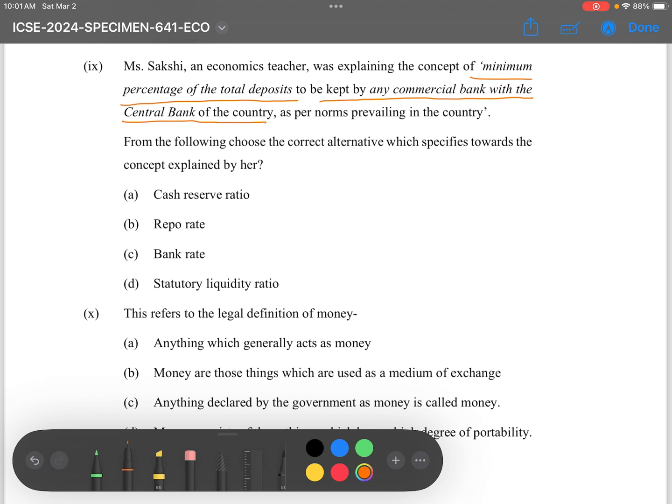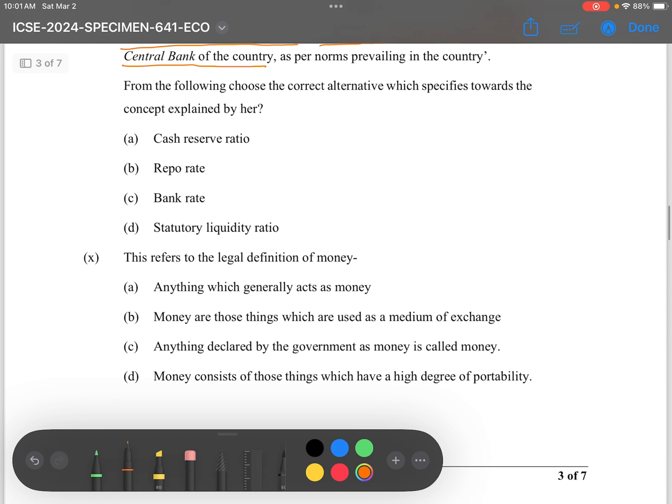Now, you will come across these ratios: cash reserve ratio, repo rate, bank rate, statutory liquidity ratio. Please make sure that you are learning them well, you are learning the different definitions, you understand the concept well. So when you are learning these ratios, these are all different quantitative methods of credit control.